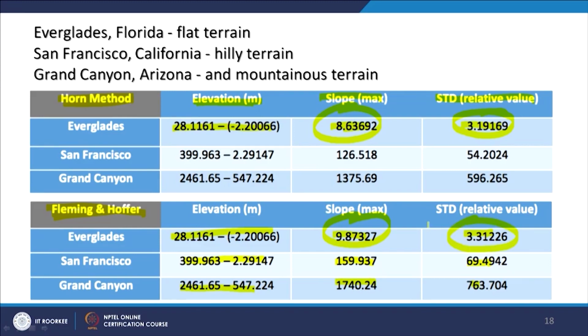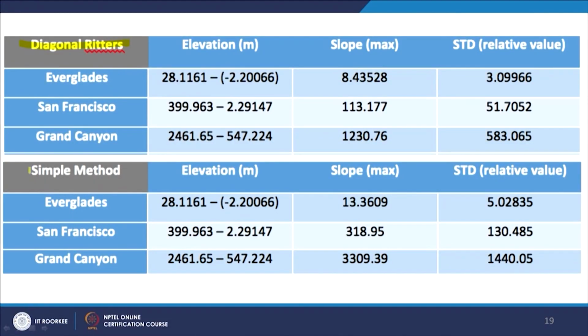The purpose here is to show this comparison: because the terrain is different, though methods might be the same, the results would be different. And the algorithms being employed are completely different. If we employ this diagonal raster and a simple method, again there are huge differences here: 8.4, this is 13.36, and standard deviation relative values again 3.09 and 5.02.